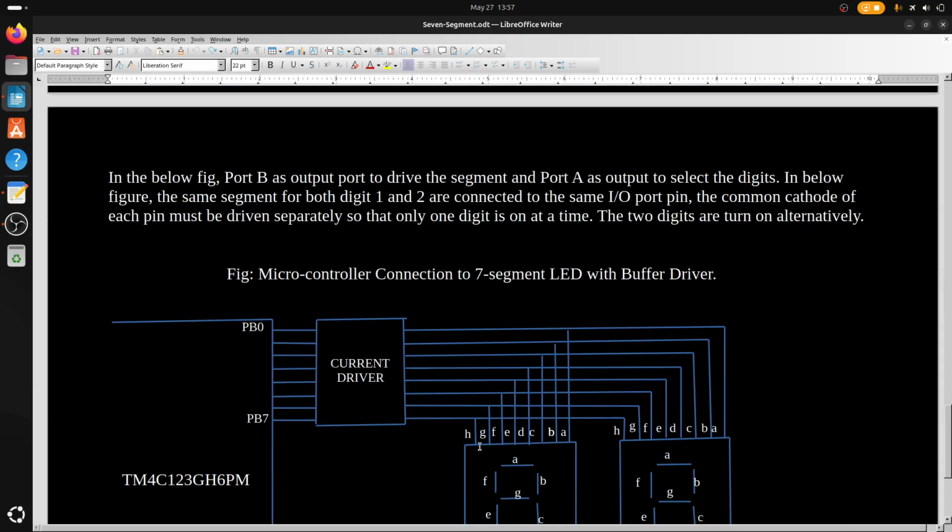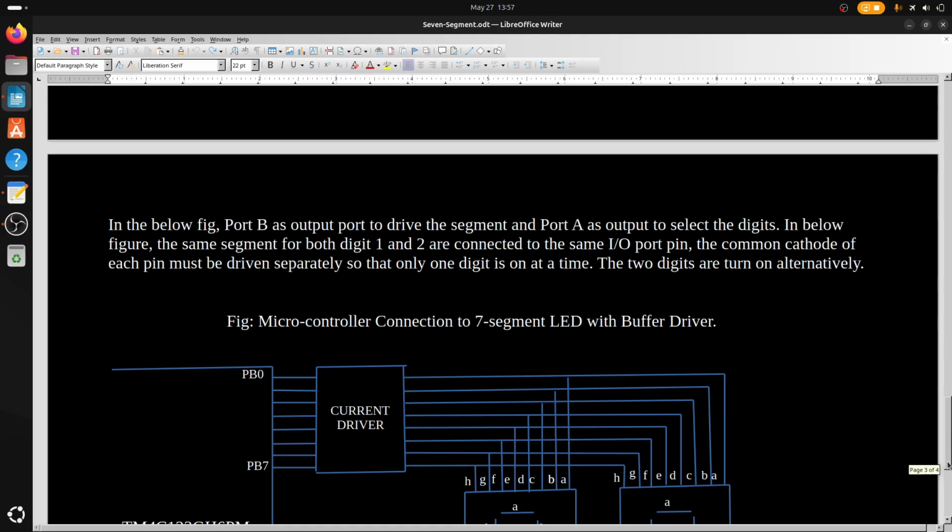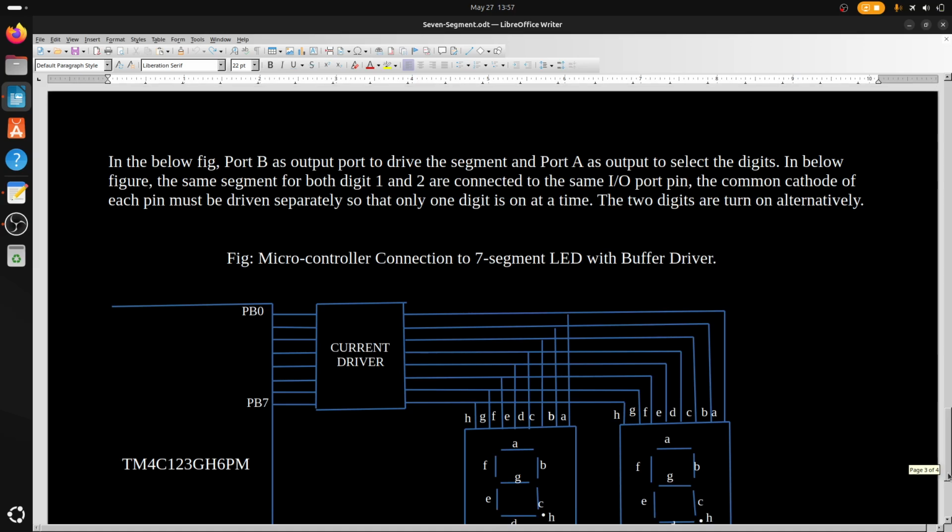Between the microcontroller and the 7-segment leads, it uses a buffer. The buffer here is a transistor, or you can use IC chips. IC chips can be many things, composed of many parts, depending on how you design the IC.